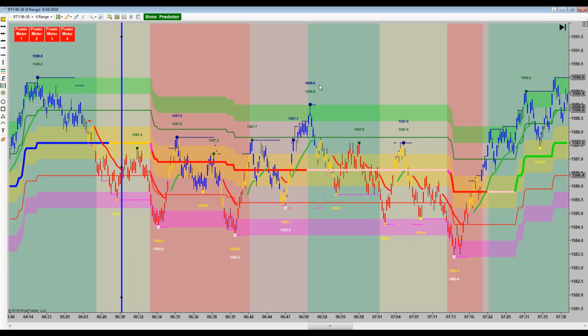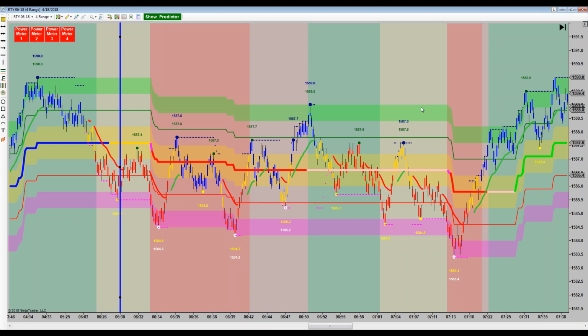Here's a word of caution that I hope everybody will heed. As you can see, between basically about the open at 6:30, this vertical line right here, and I'd say almost to 7 o'clock, what was the trend on the Russell in this little swath of time right here?